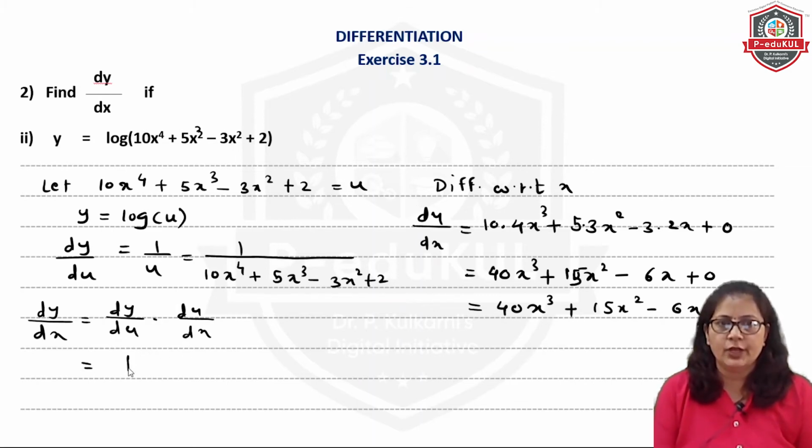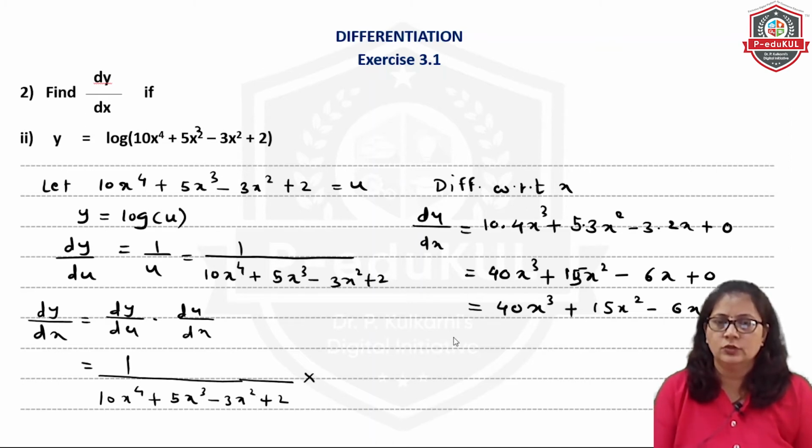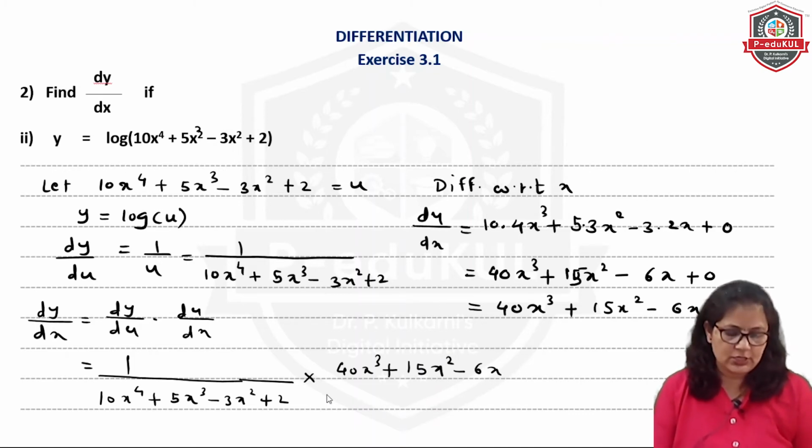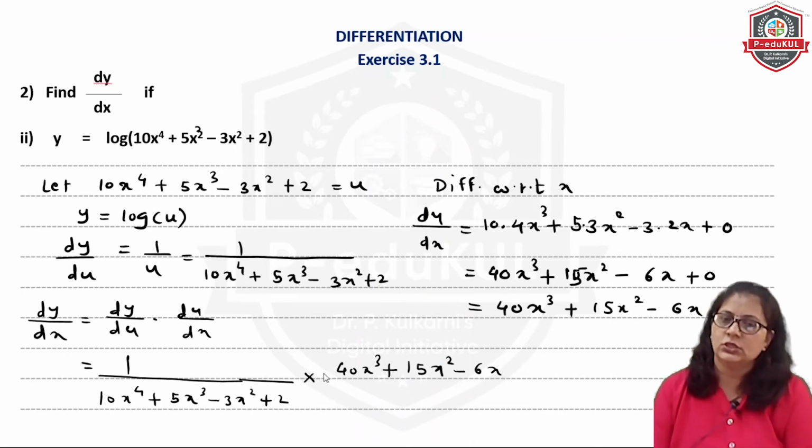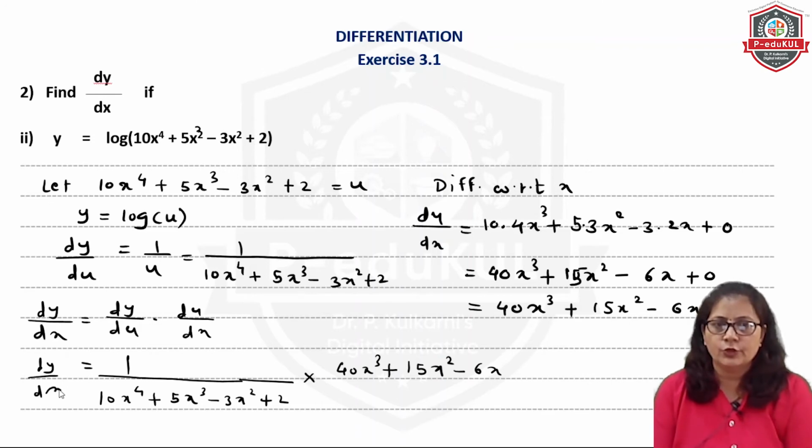So that will be 1 upon this whole, 10x raised to 4 plus 5x cube minus 3x square plus 2 into this derivative, 40x cube plus 15x square minus 6x. Now we are not going to take anything common or solve furthermore. This will be the final answer as it is. We are not going to do the simplification of this. Let it be as it is.